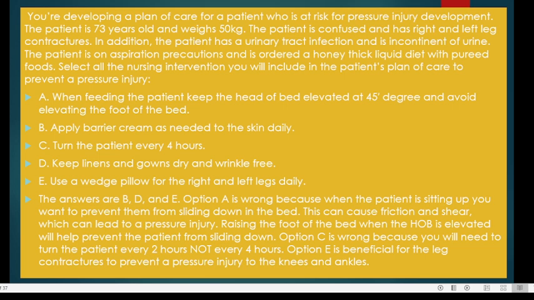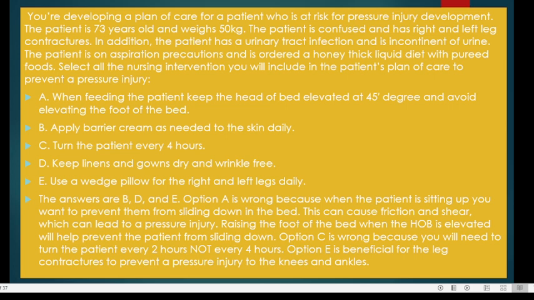That's why it's not appropriate here. So here we need to apply the cream as needed to the skin daily, then keep the linen and gown dry and wrinkle free, and use a wedge pillow for the right and left legs daily.